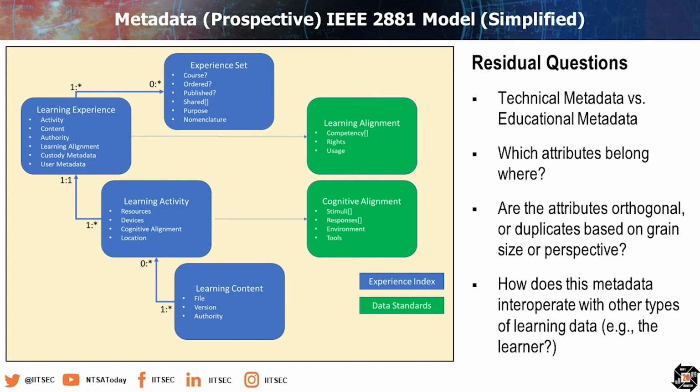Okay, so to get a little more detail into things that you need to think about, as we roll up learning content into activities, those roll up into experiences. Each experience includes a whole different other set of data, right? So all of these different types, the content, the activity, and the experience, will all have their own type of alignments. Certainly the content and the learning activities will have some sort of cognitive alignment.